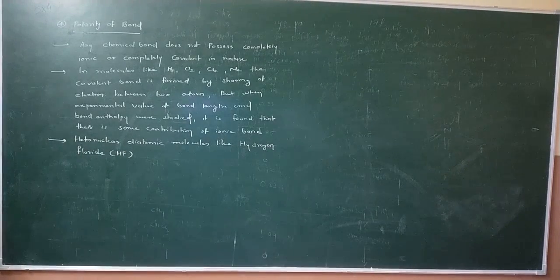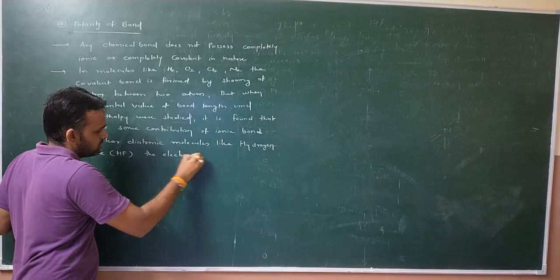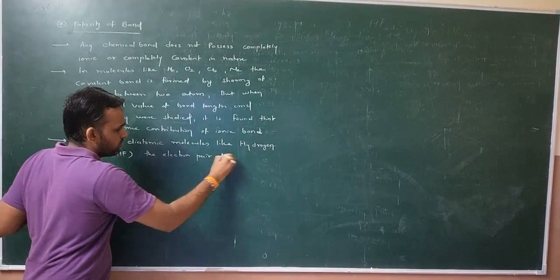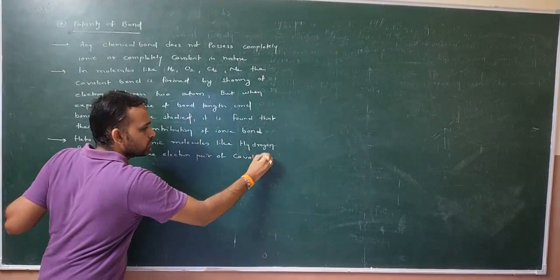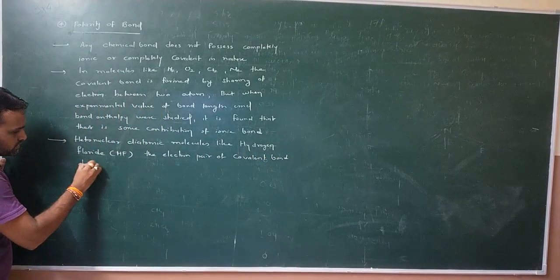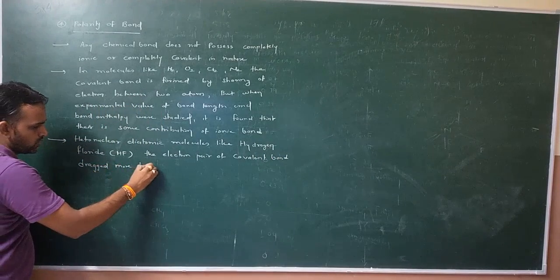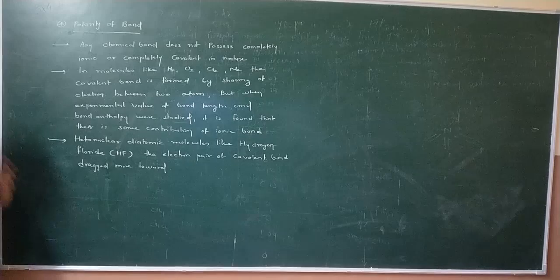The electron pair of the covalent bond is dragged more towards the fluorine atom.